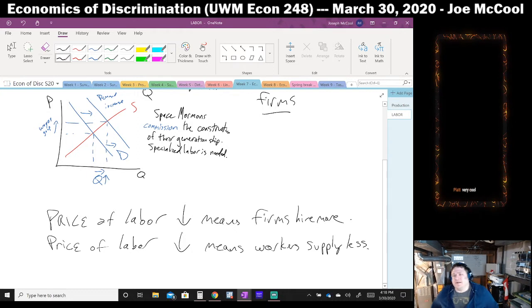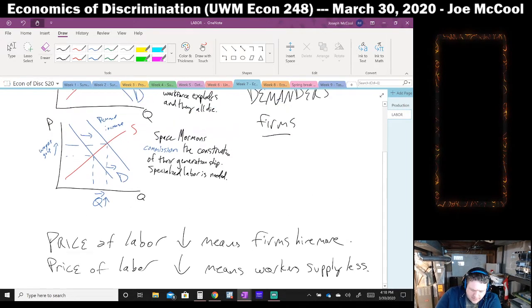It's harder to find an employee if you're paying them less. It's harder to find an employee if you're paying them less. So here we go.